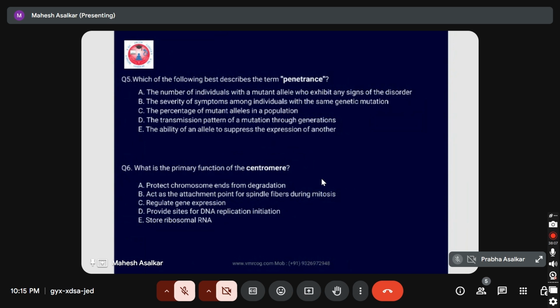Answer option A, the number of individuals with a mutant allele who exhibit any signs of the disorder.